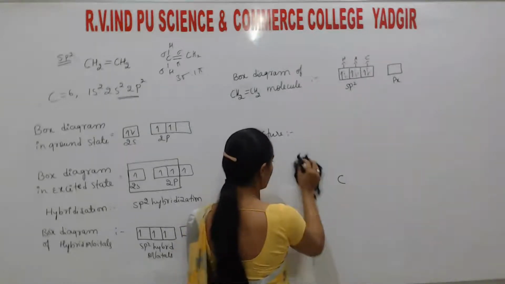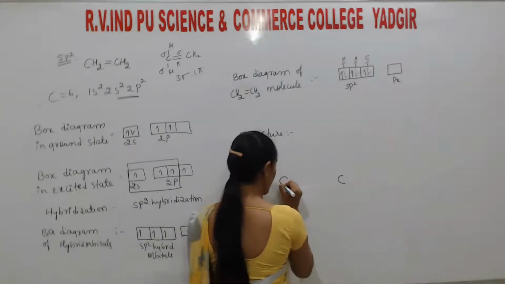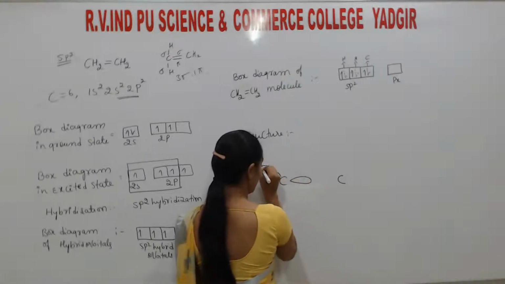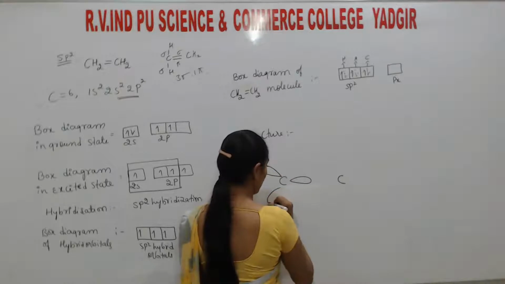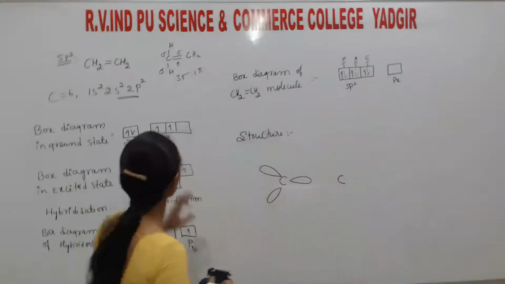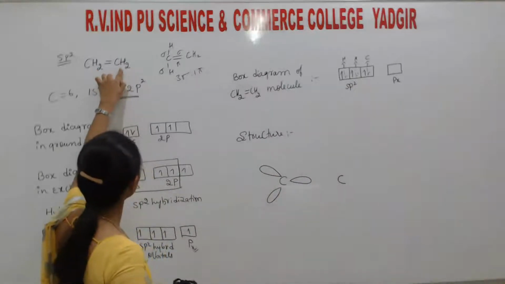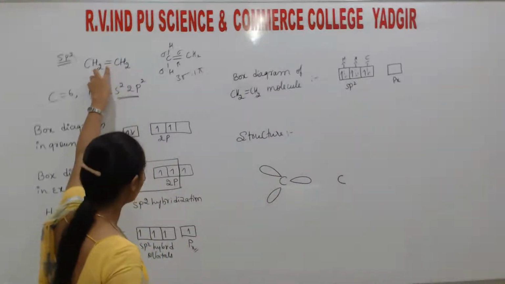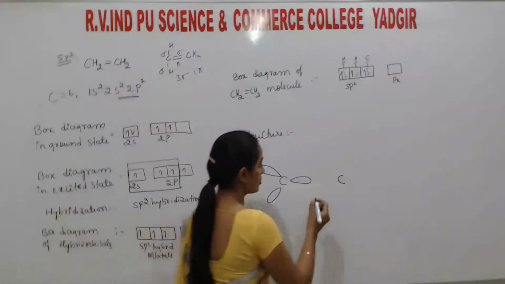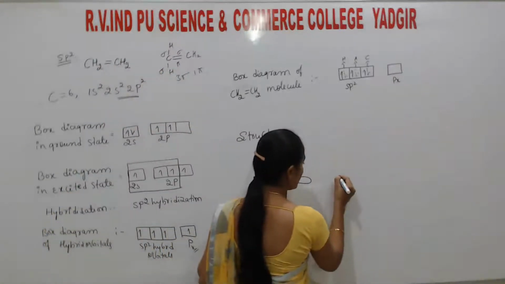Okay? Then it is carbon. This carbon is also having the same: 2 hydrogen, 1 carbon bond. So that is 3 sigma bonds. Both are the same, so this is also planar in structure.